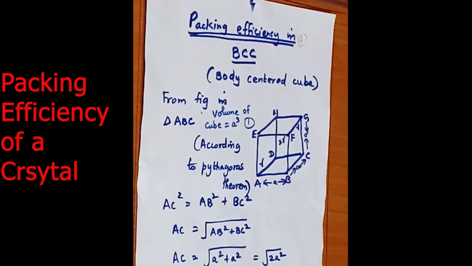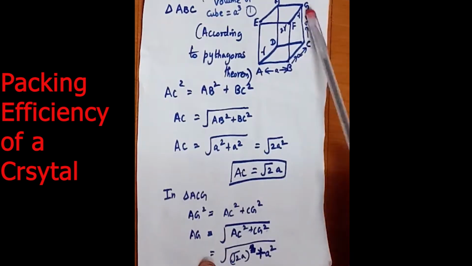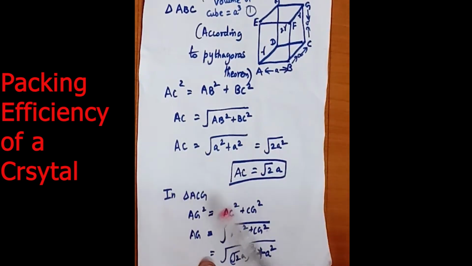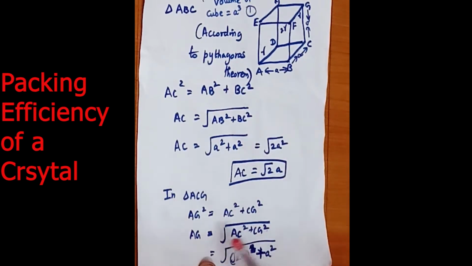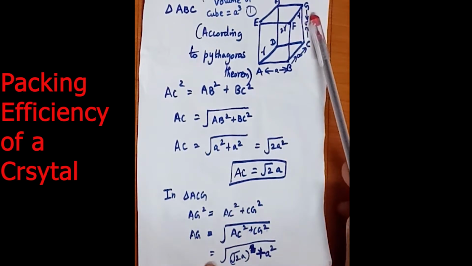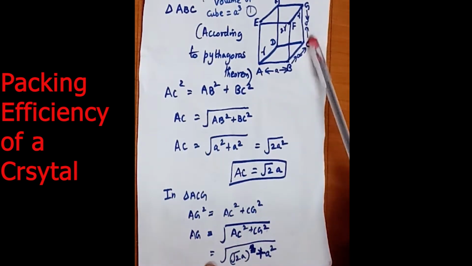So next triangle is triangle ACG. The first triangle is ABC, and the next triangle we are considering is ACG. Here also, similar to the first triangle ABC, you are writing in terms of Pythagoras theorem, where AG squared equal to AC squared plus CG squared.